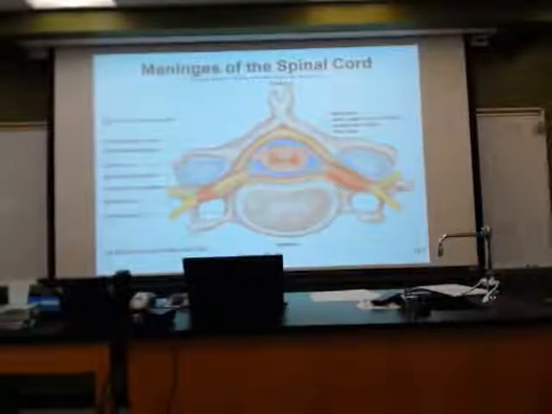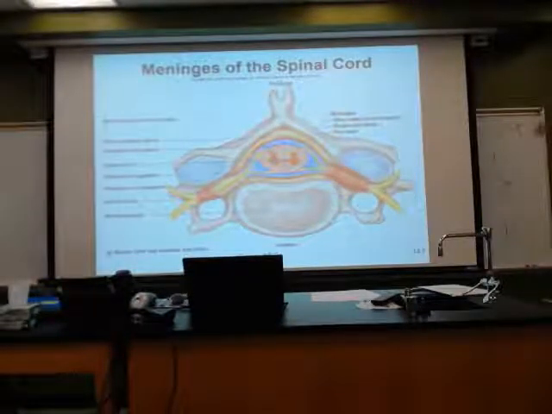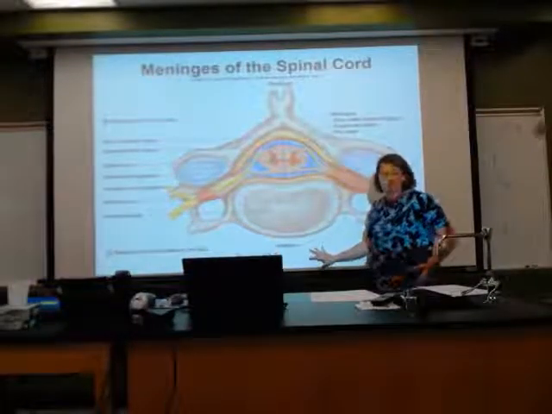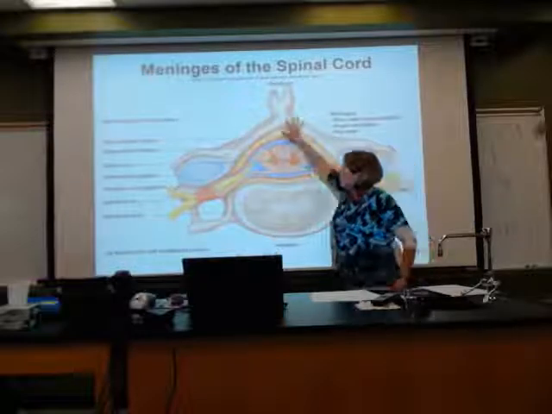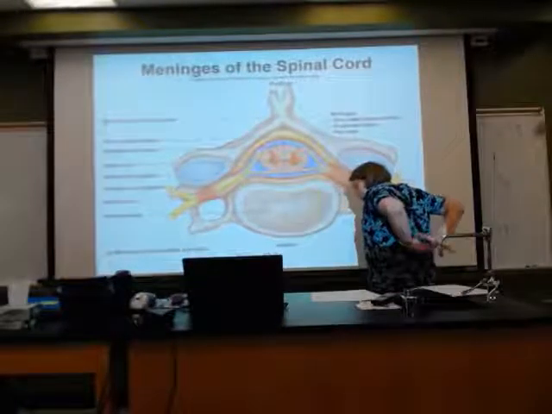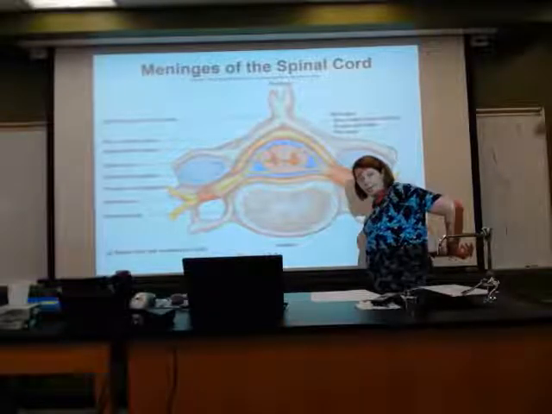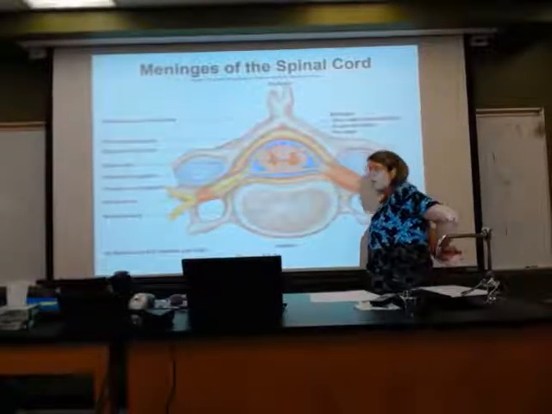So if we look at a segment, this would be if we could do a cut straight across and just look straight down onto the spinal cord, okay? We would get to see, based on looking at this, our spinous process from a vertebra, all right?